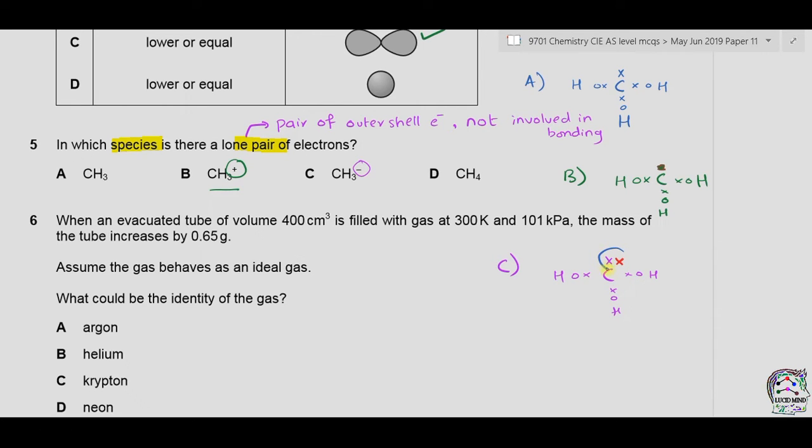So we can see that lone pair is present. So C could be correct option. In D the formula is CH4. So as all electrons are involved in bonding, so there is no lone pair of electron present. The only correct option is therefore C.